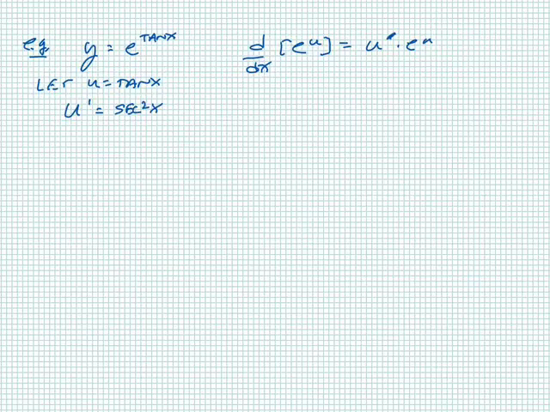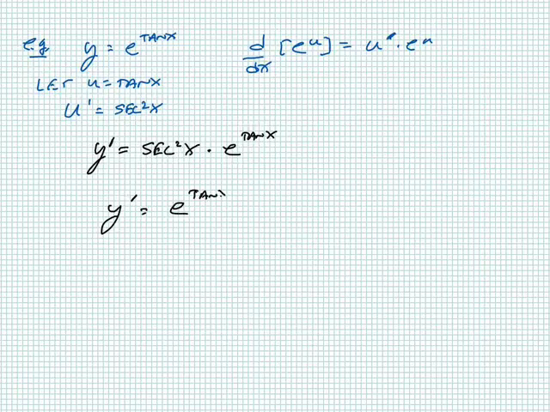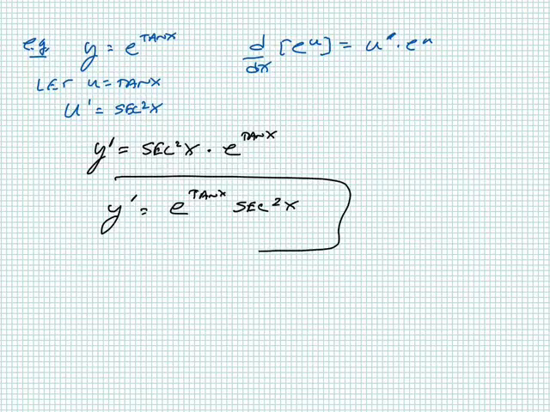So then my rule for the derivative is y prime is going to be equal to u prime, which is secant squared of x, times e to the u, which is e to the tangent of x. And generally speaking, you want to put the exponential functions first because there's less ambiguity. So that's how I would write my final answer.